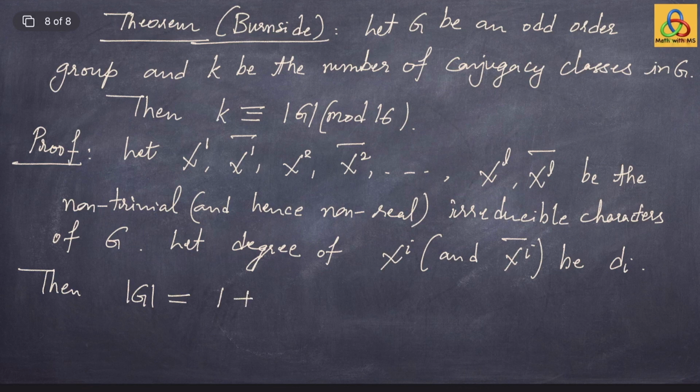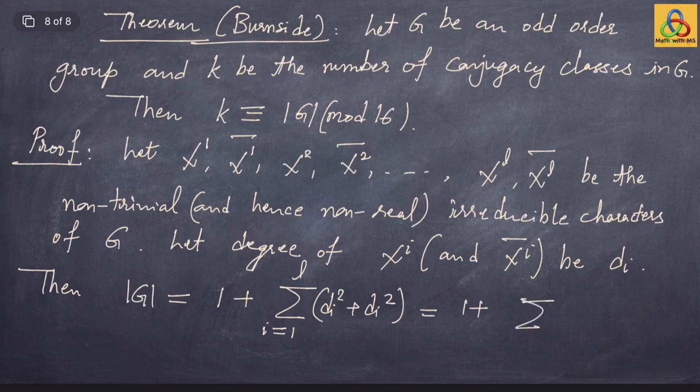So we have the summation of d_i squared, plus d_i squared for its complex conjugate, with i running from 1 to L. That is the same as 1 plus the summation of 2 times d_i squared, i from 1 to L.